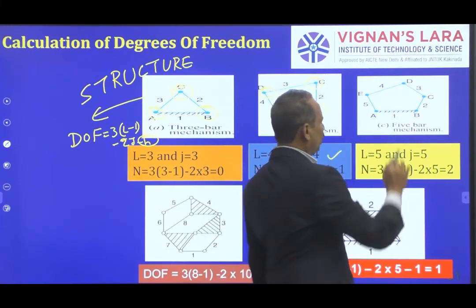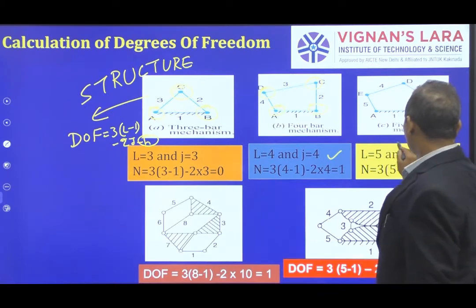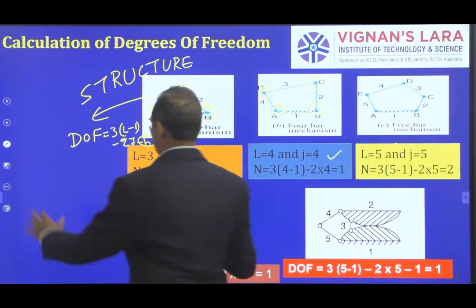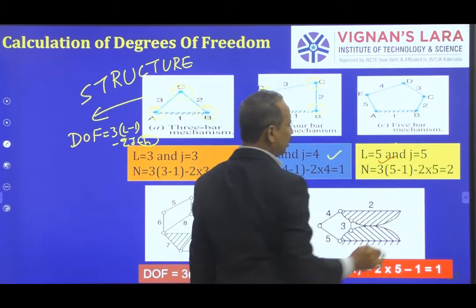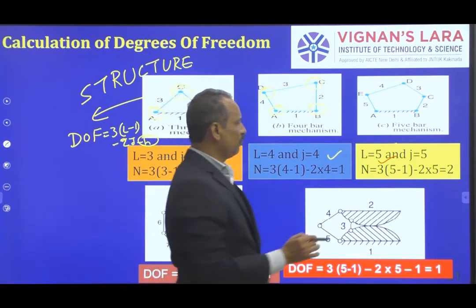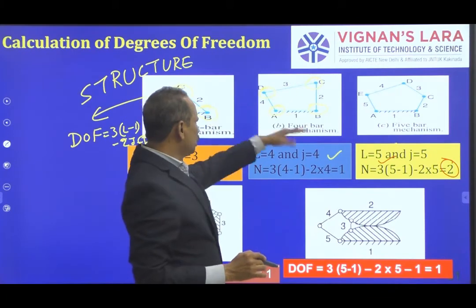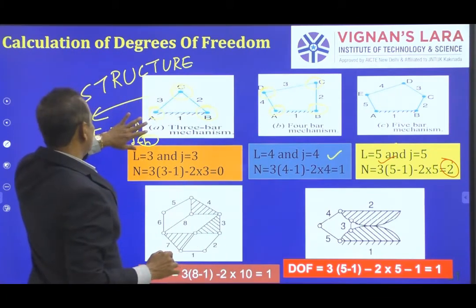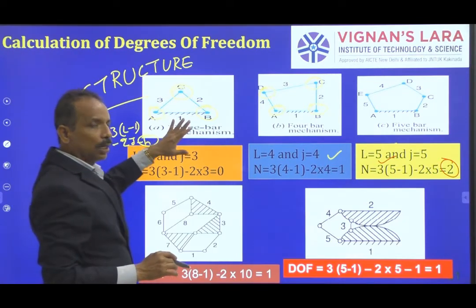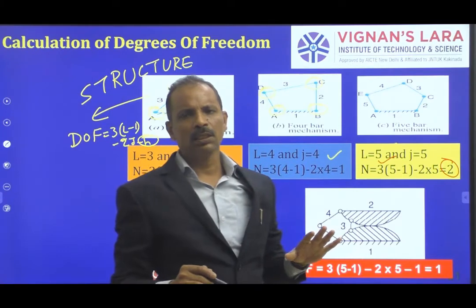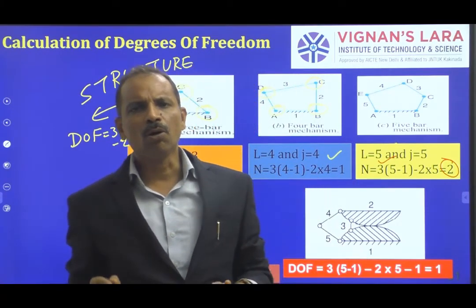Then a 5-bar mechanism, with 5 links and 5 joints: 3 into 5 minus 1 minus 2 into 5 gives degrees of freedom of 2. These are very simple because all are binary joints connected by lower pairs, that is turning pairs, which are surface contacts.